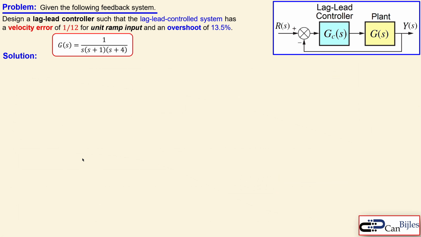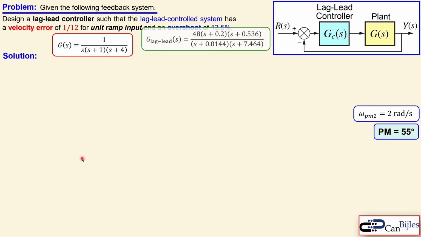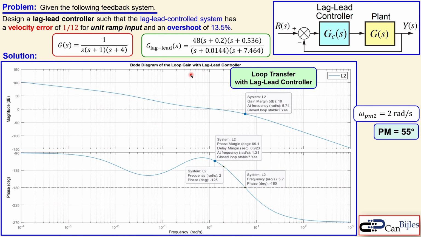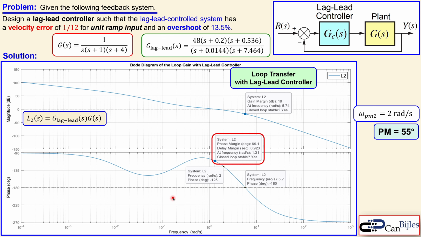So moving on to the next step, which is the lag lead controlled system, shown here. This is the transfer function, and this is again the loop gain Bode plot for this system, now the loop transfer with the lag lead controller. You see the loop transfer function L2, and this is the label we are interested in. You see here 69.1 degrees, which is a lot larger than the 55 degrees.